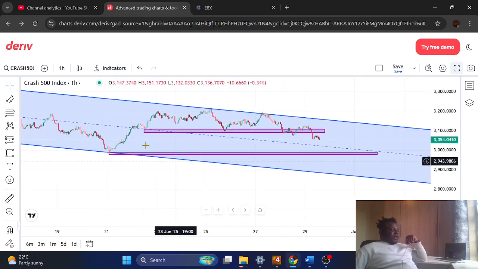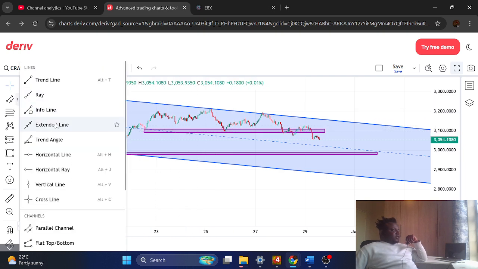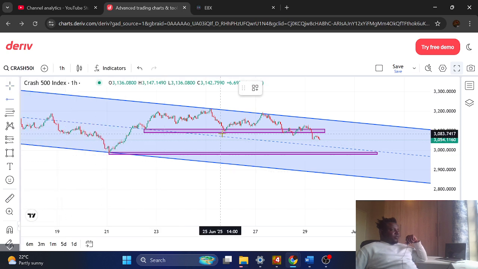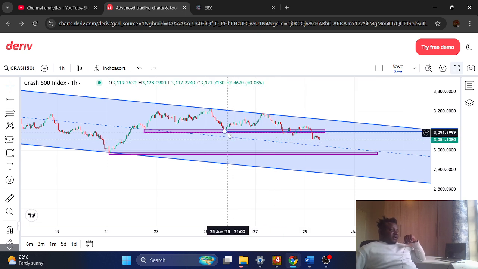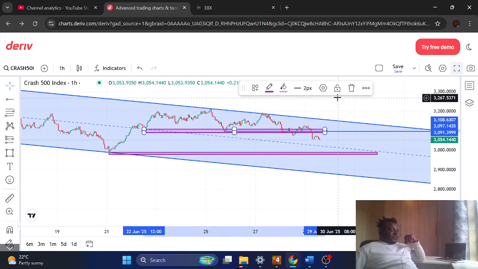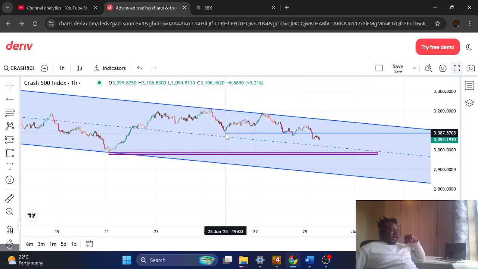Like that, we now know that this zone right here was broken, but it hasn't been retested. This zone was just broken. So we take our horizontal ray, we place it at the bottom of the spot. As you can see, when a trend line is respected, we move the trend line to the bottom of the candle that respected it.